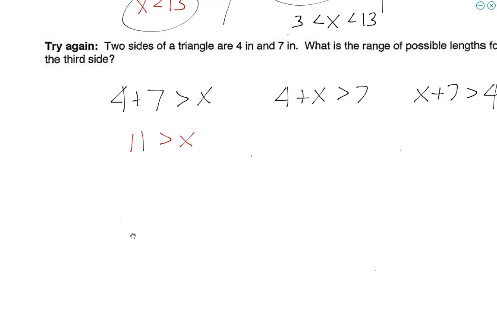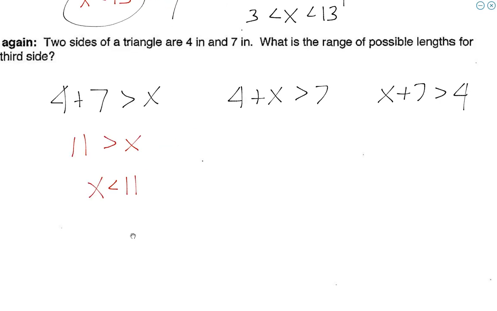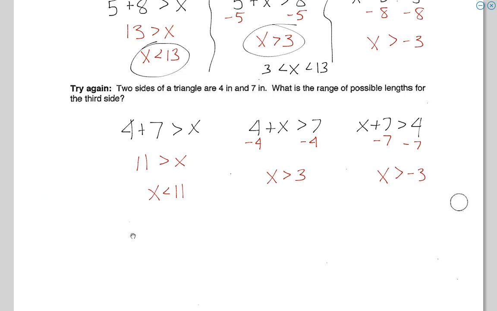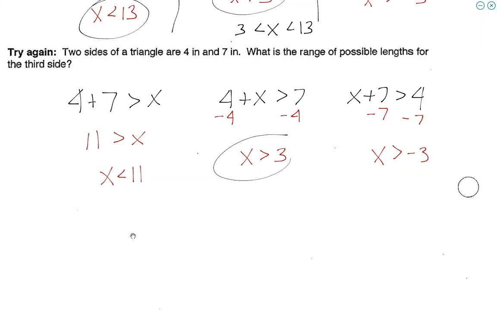I like to flip that around and say x is less than 11. Subtract the 4, x has to be greater than 3. x has to be greater than negative 3. We're going to take these two, so x is going to be between 3 and 11.